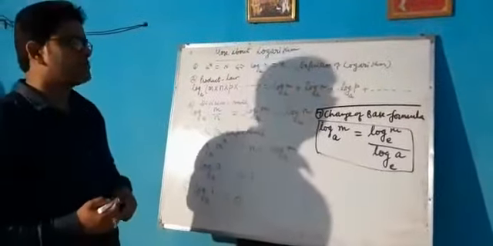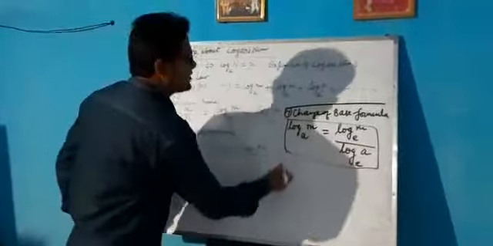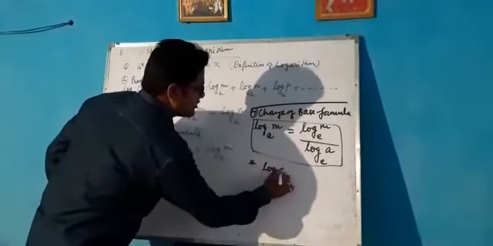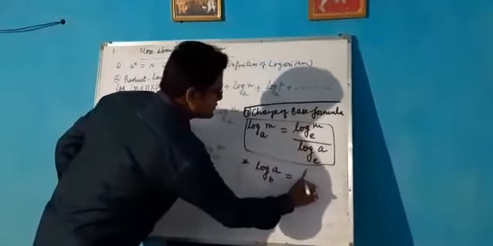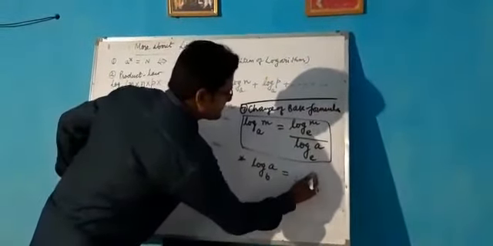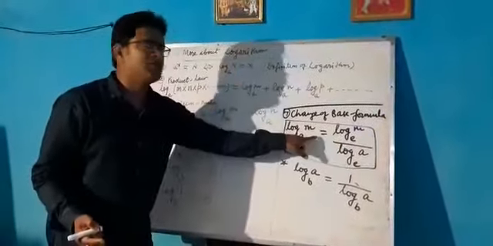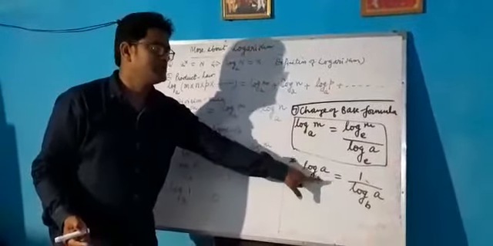From here I can make so many rules like that. One substituent law of it, one extra rule: log a base b is equal to 1 by log b base a. And we can easily make this formula with the utilization of this formula. See.